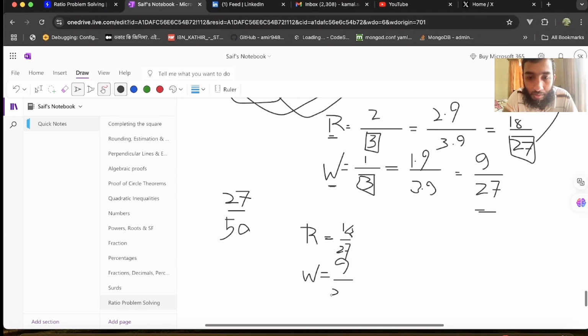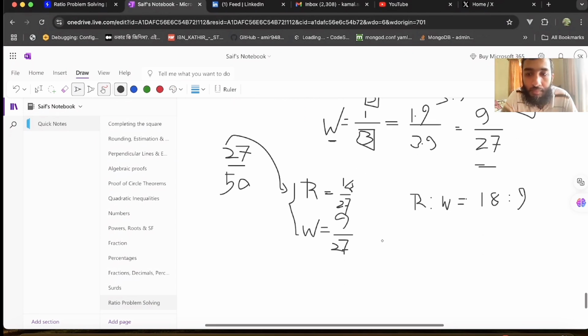So out of this 27, red and white is distributed as what? 18 is to 9. So red is to white is 18 is to 9.